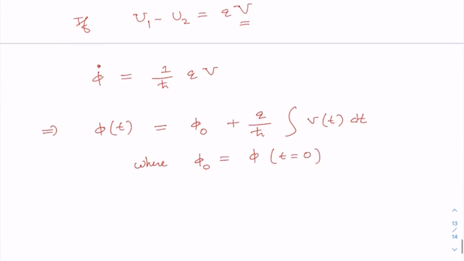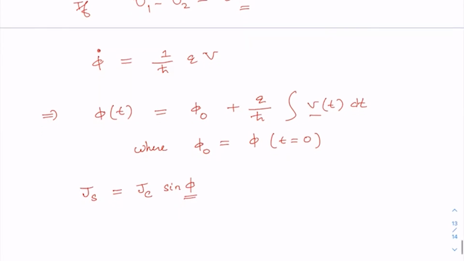Now the Josephson current Js is equal to Jc into sine phi. That implies that it depends on the potential, because phi is now dependent on the potential. If V is equal to 0, there is a DC component, because this phi 0 term would still be there.